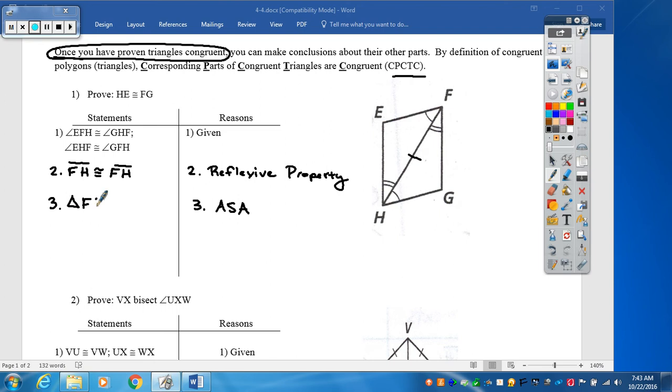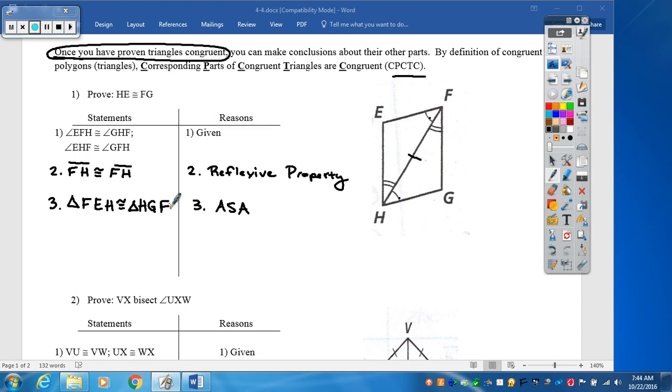Triangle FEH is congruent to, now think for a second, F would correspond with which vertex from the other triangle? Well, that would be H, because there is only one congruency mark as far as their angles are concerned. Okay. E would correspond with G, well, that was easy, and then the last one would be F, H, G, F, E, H. Okay.